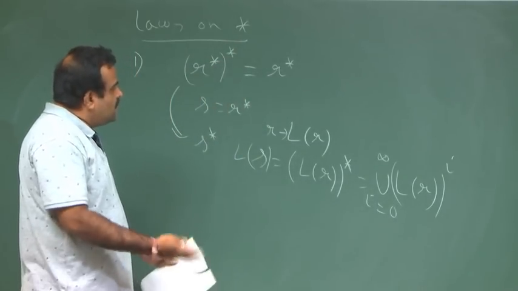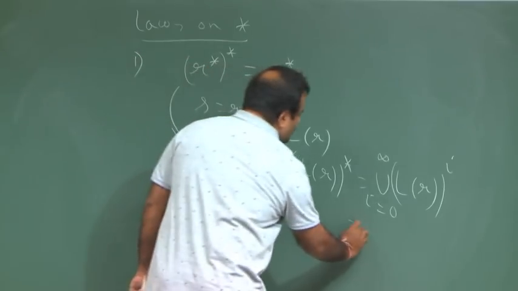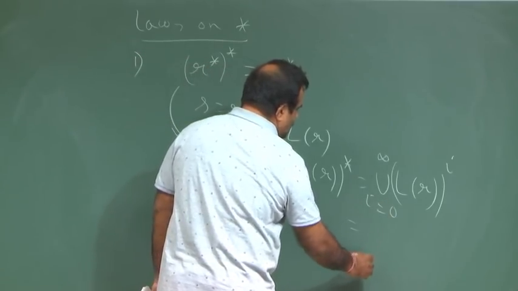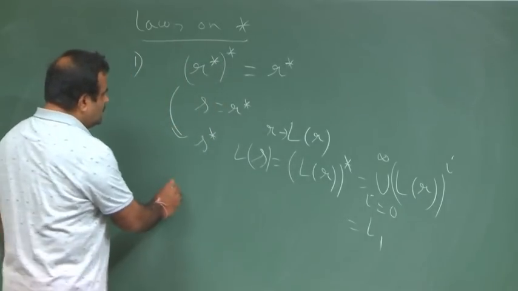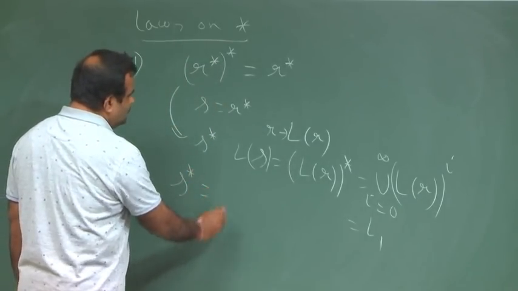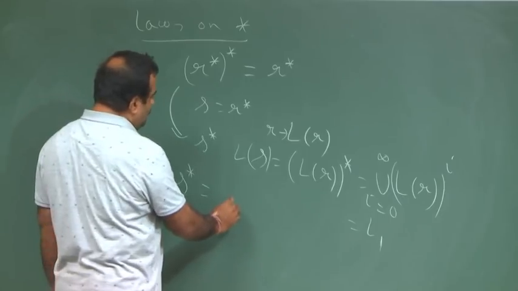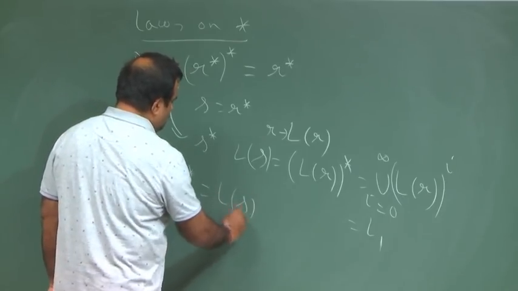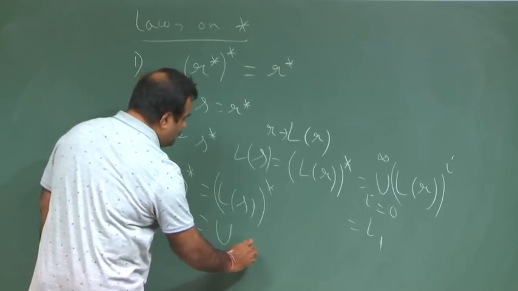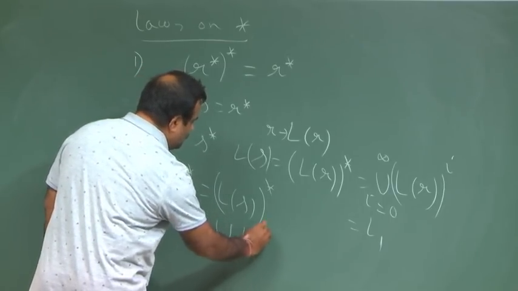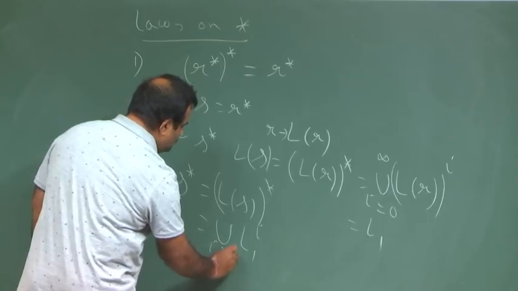Now, if this is some language L1, then what is S star? It is basically L1 star, which is again the union of L1 to the power i, i equal to 0 to infinity.